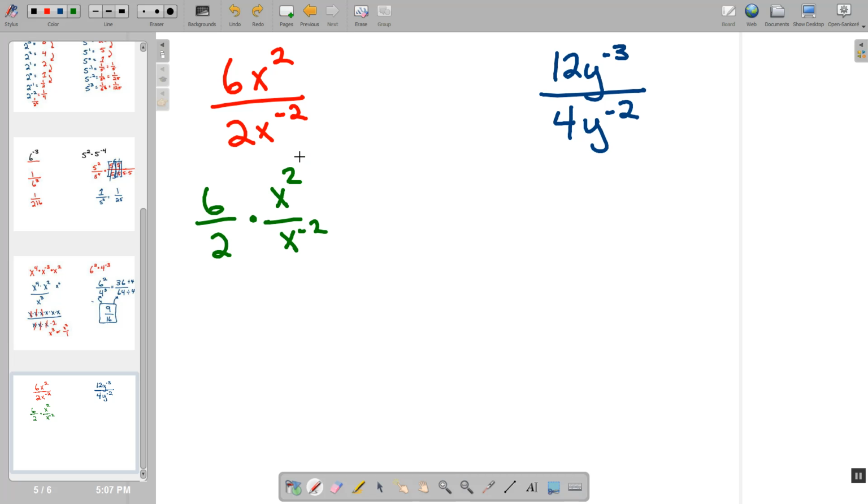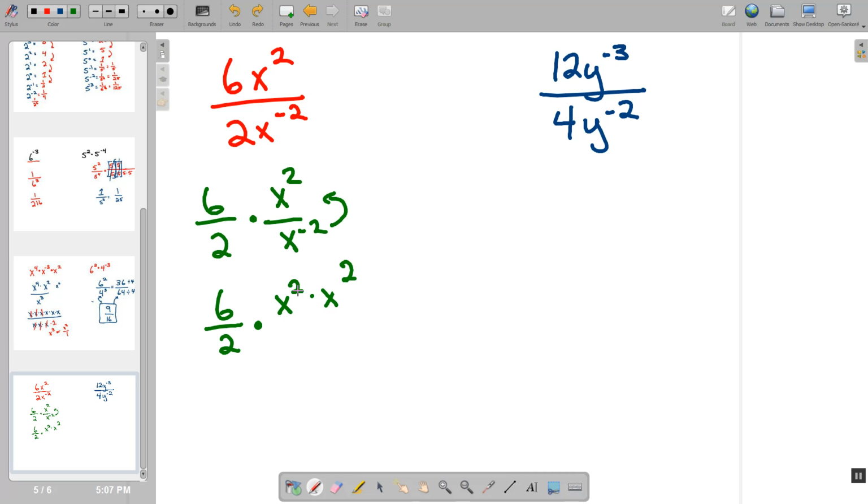Now, I want to change anything with a negative exponent to a positive exponent. So I'm going to move this to the top, and I get 6 halves times x squared times x squared, because it's now a positive exponent. I'm going to erase that and try again here. X squared.